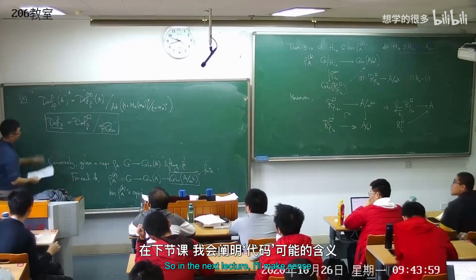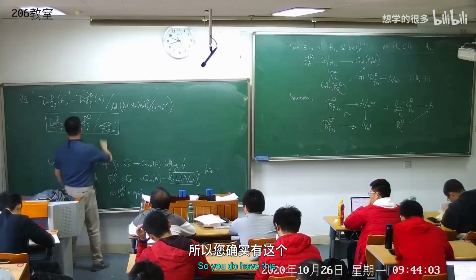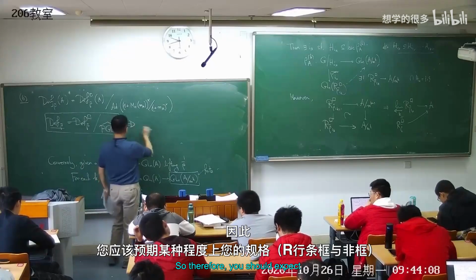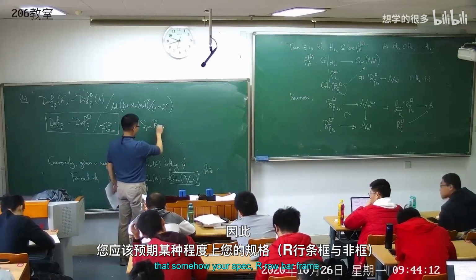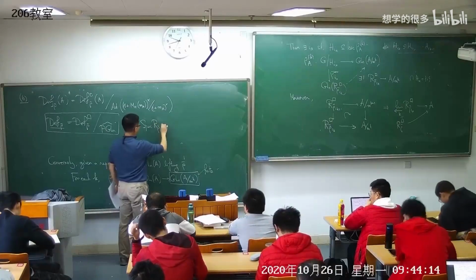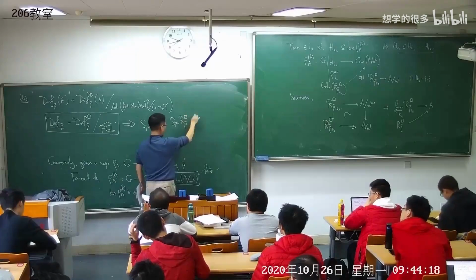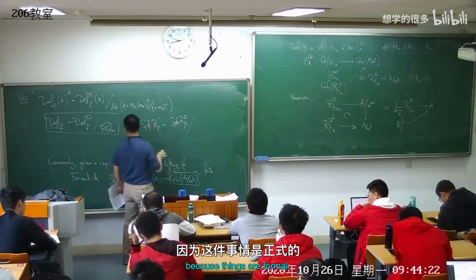In the next lecture, I'll make sense of what I mean by quotient. This makes sense, actually. Therefore you should expect that Spec R_ρ̄ (unframed) is equal, scheme theoretically, to this. Maybe I should do Spf because things are formal.